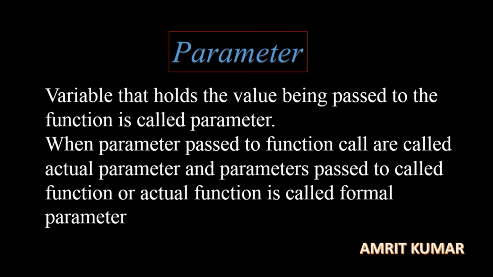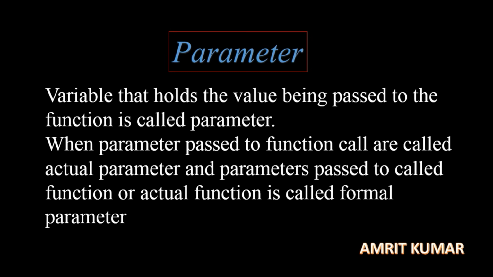Variables that hold the values being passed to the function are known as parameters. So I can say that if you are using a function and a variable, and that variable is a part of the function and holds the value which is being passed to the function, it is known as a parameter.